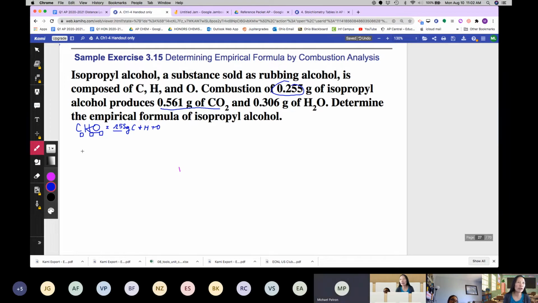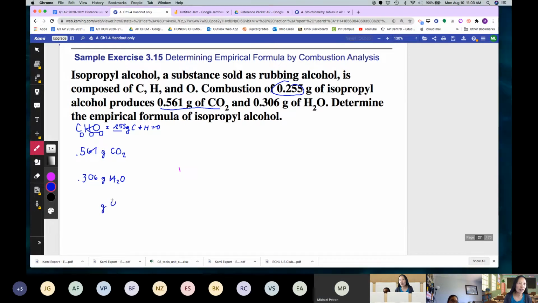Then it also made this much of the CO2 because you weighed that part of the apparatus before and after, right? So you got 0.561 grams of CO2. You guys are writing down whatever I write down, right? And you also got 0.306 grams of H2O. And they didn't tell you how many grams of oxygen there are.